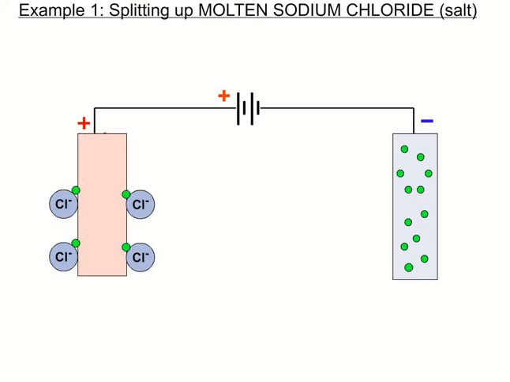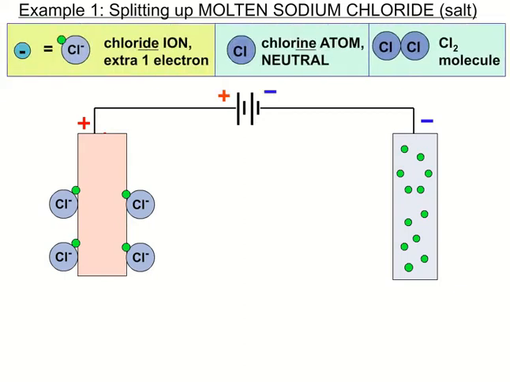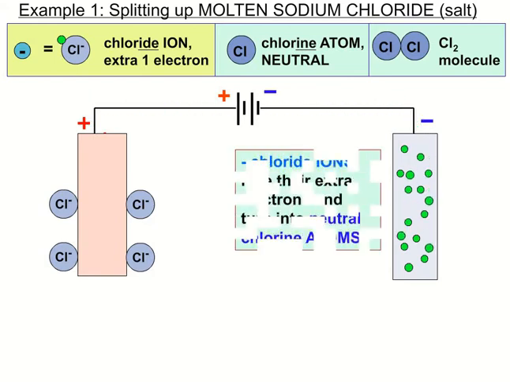Example 1: splitting up molten sodium chloride salt. Chloride ions, Cl minus, go to the anode. The chloride ion has 1 extra electron, and the chlorine atom is neutral without the electron. Chlorine gas is liberated at the anode where it loses electrons.